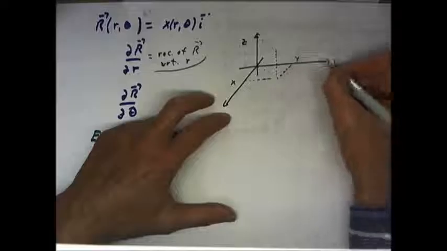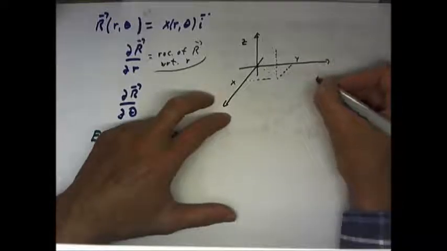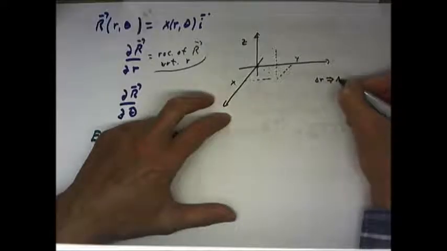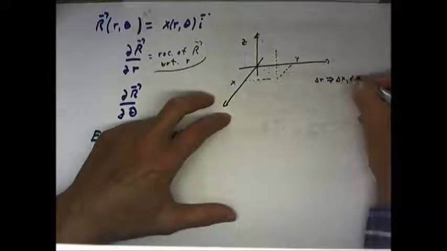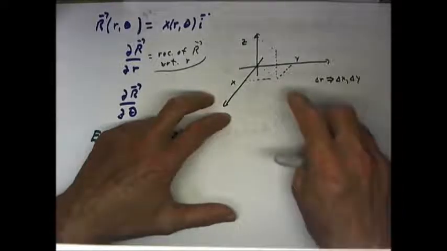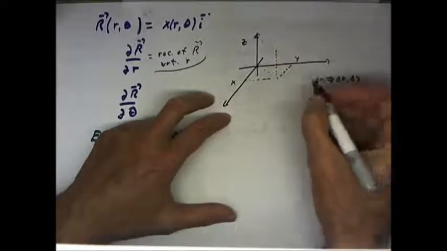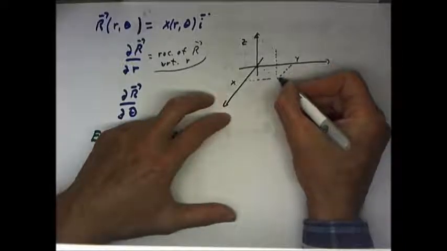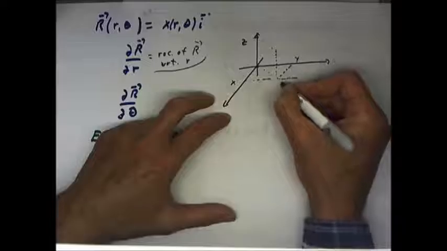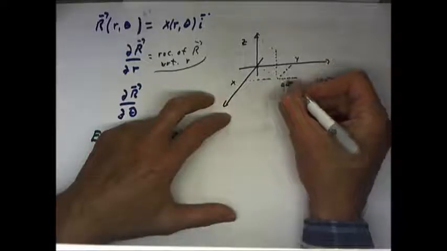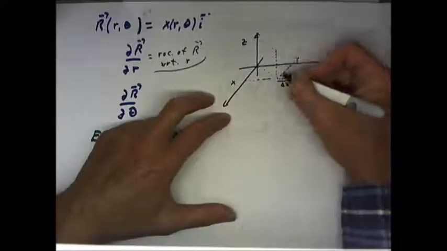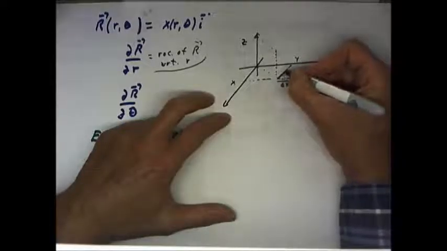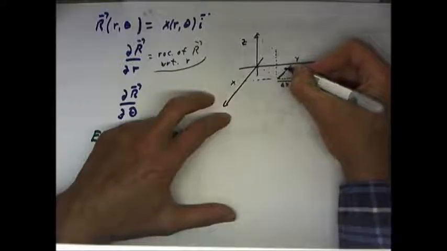Now, a small change delta r implies some change in x and some change in y. It also implies a change in z, but we'll work that in a minute. So let's just say that our delta x is this, and we have a delta y that is, let's say, back in this direction.